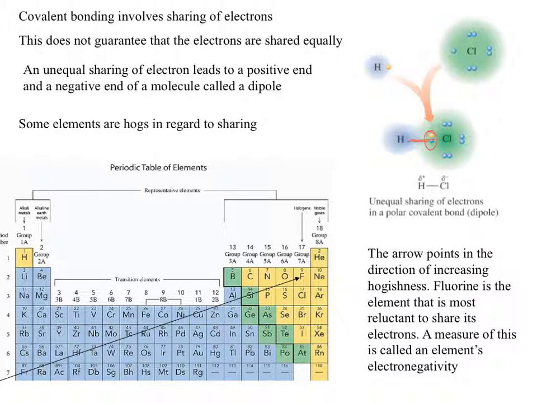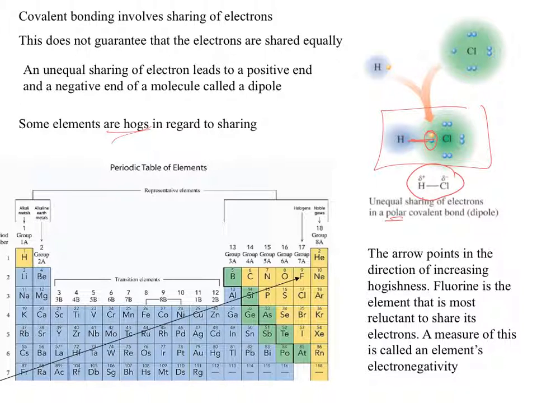And that results in what we call a polar bond. When one atom is stronger than another, they're hogs. They're pulling more of the electrons on their side because they're stronger. There's a difference in strength between the two, and that leads to a polar bond. The bond's made up of electrons. Electrons are negative. So in my example here with hydrogen and chlorine, hydrogen, we'll talk about why in a minute, is weaker than chlorine.